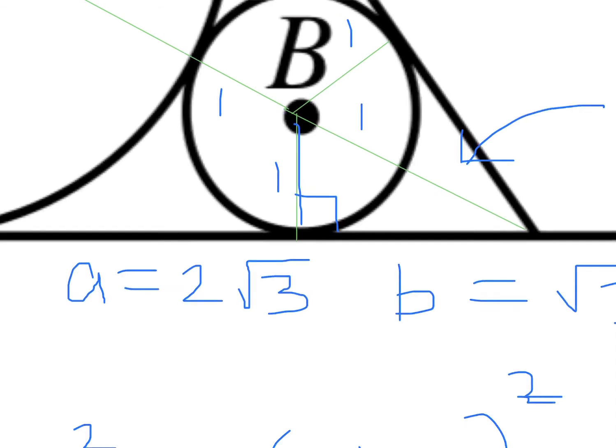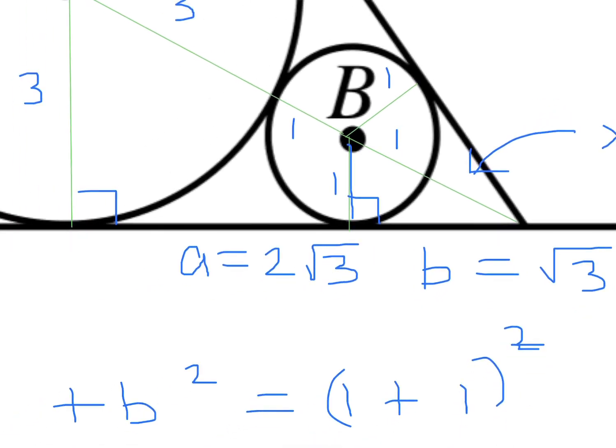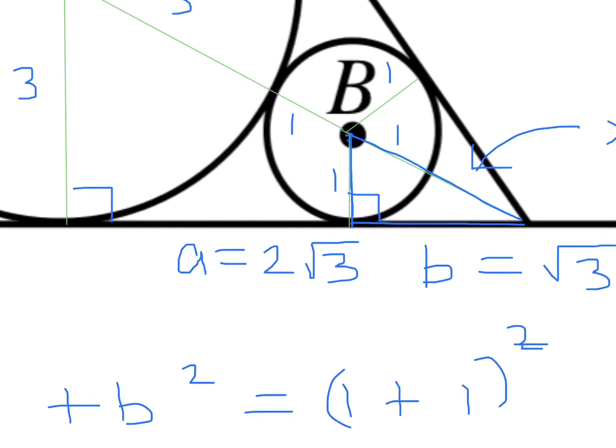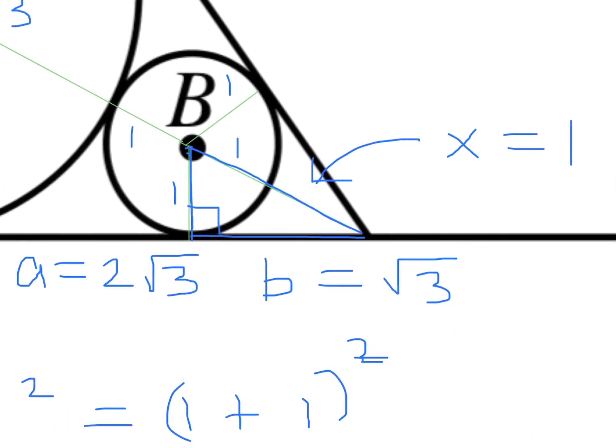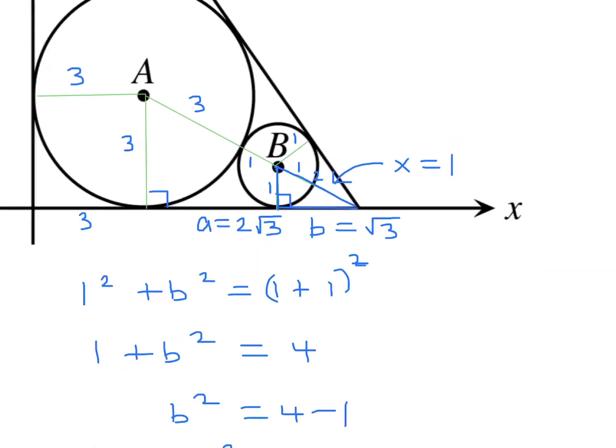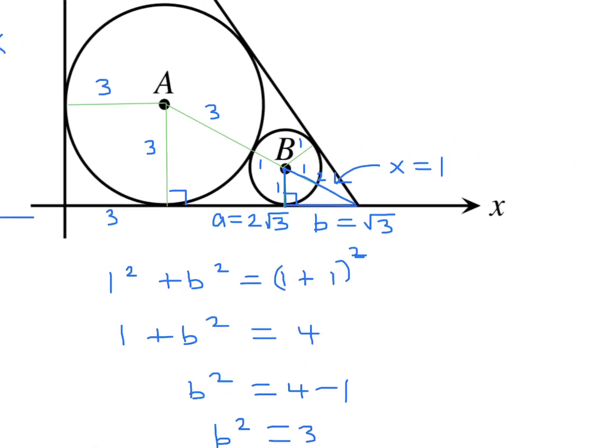We have b is equal to root 3, which is right here, right? And this is 1 from here to here. And this, if you can bring that x in there, is 1 plus 1, which is 2. So we have root 3 as the base, 1 as the height, 2 as the hypotenuse. So if you remember, if you have any triangle that has those relationships, I'll draw a triangle here.